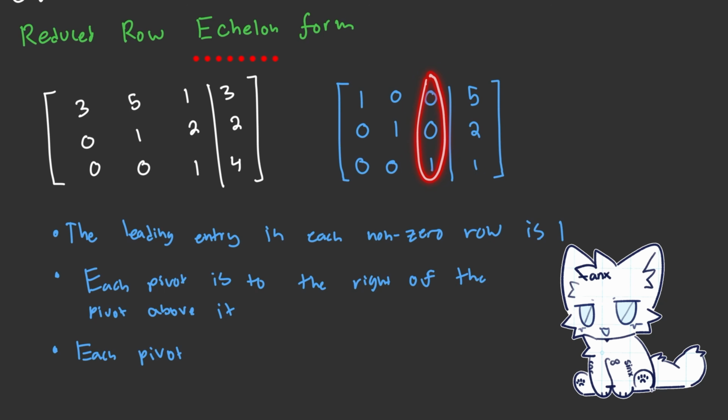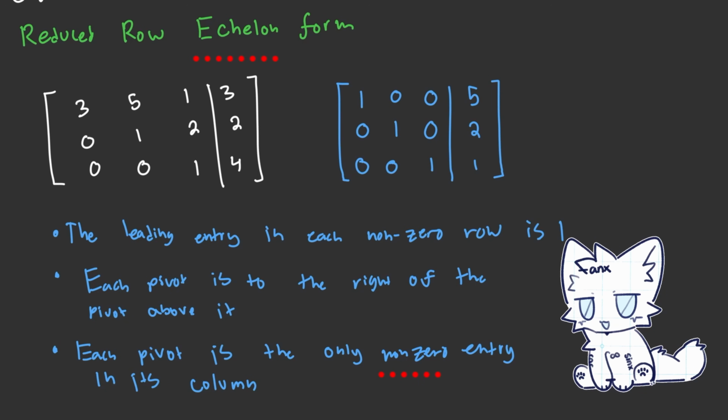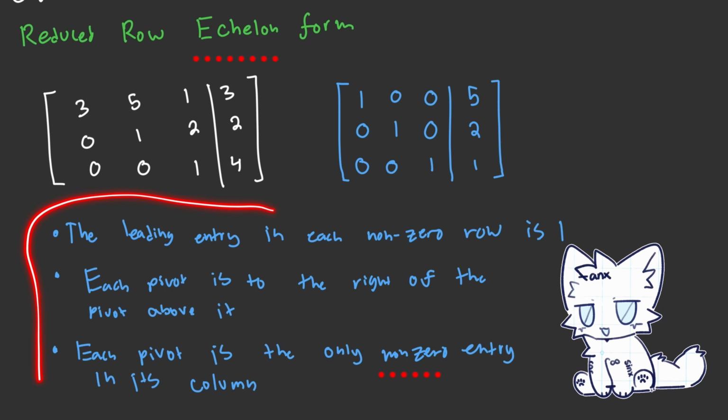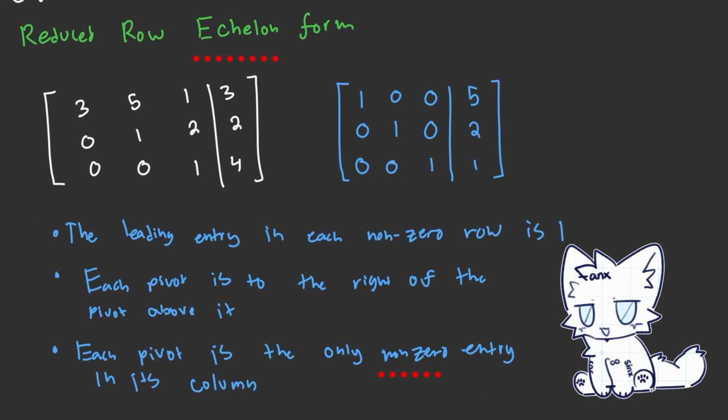So the only non-zero entry. Okay. So these are some of the main criteria that define reduced row echelon form.